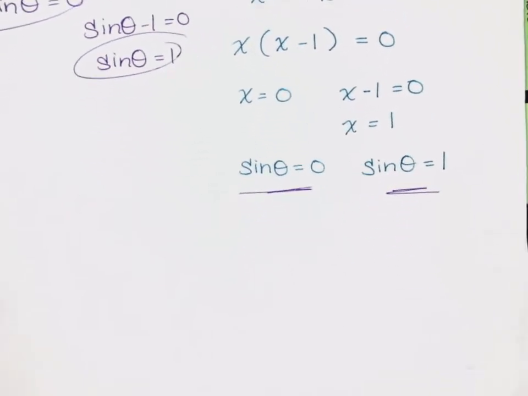Okay, now we're going to do the 4.5. What's our restriction? It's just one positive rotation. We'll start easy. So where is sine 0 on a positive rotation?